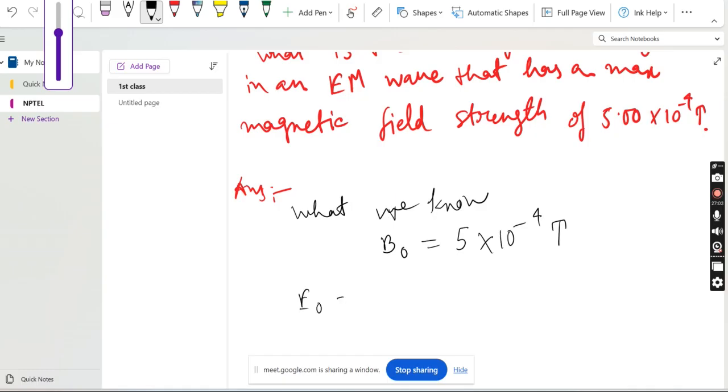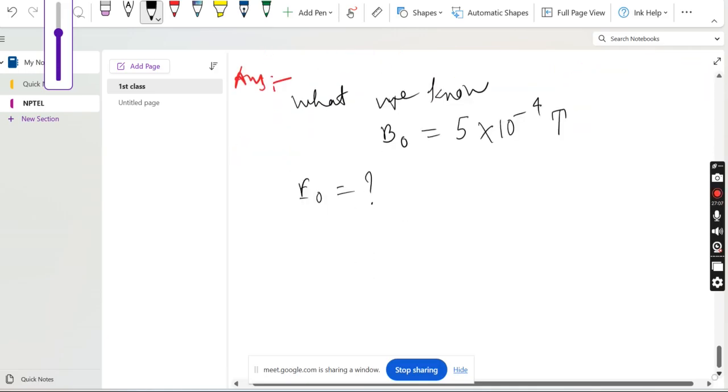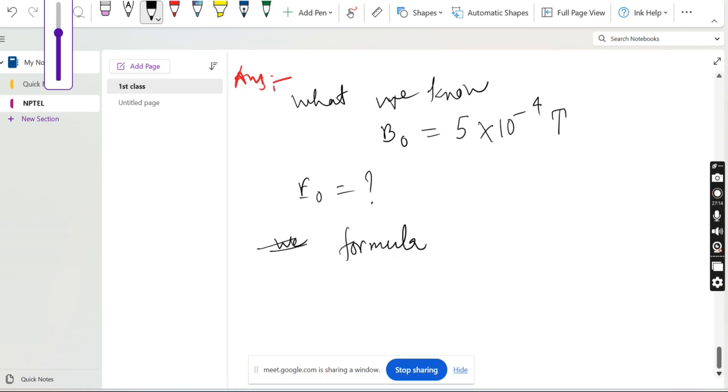We want to know what is E naught. So we need to know our formula. That formula will connect the magnetic field to the electric field.